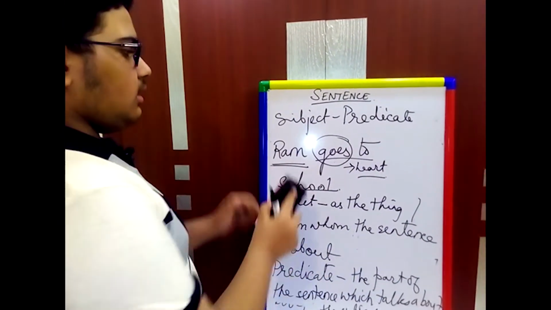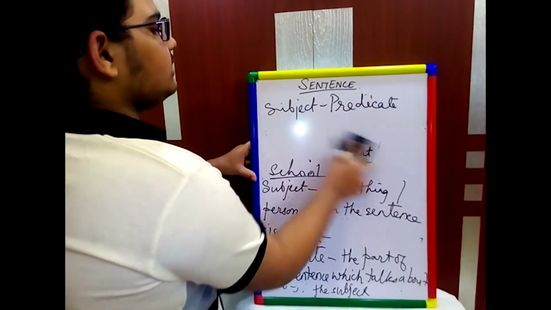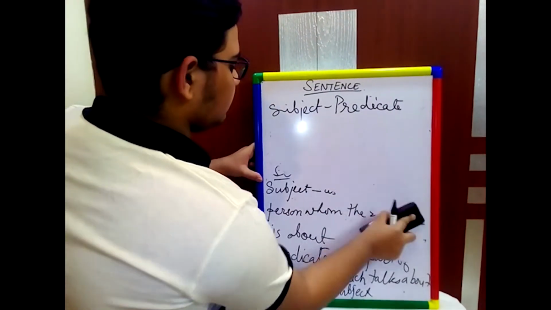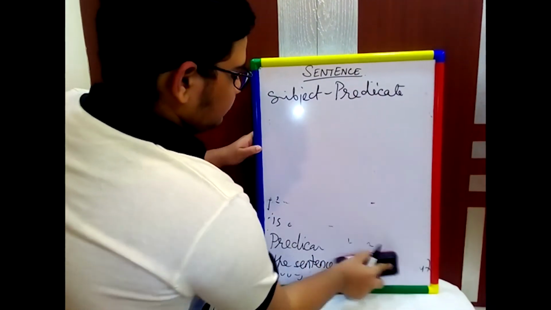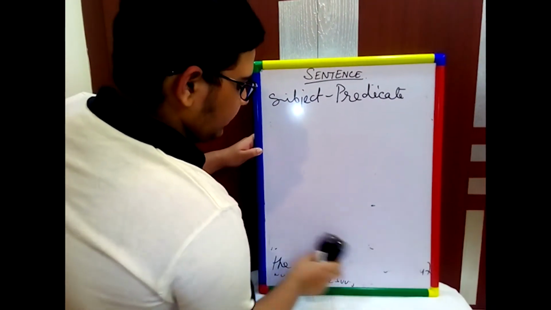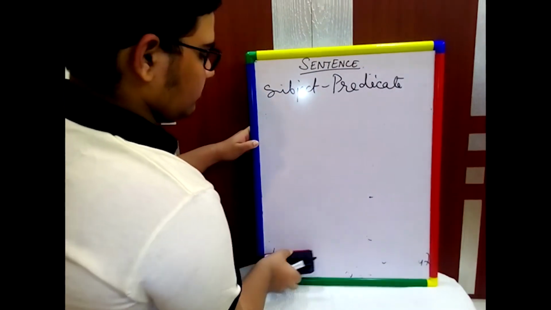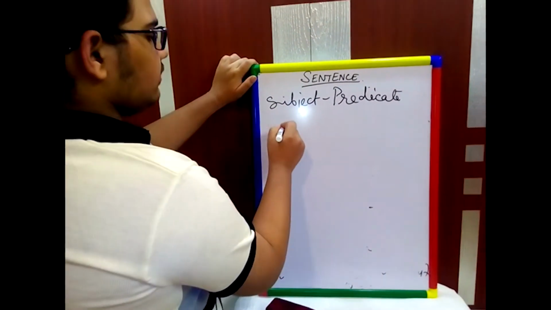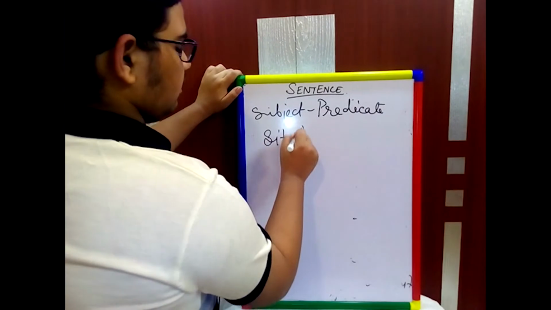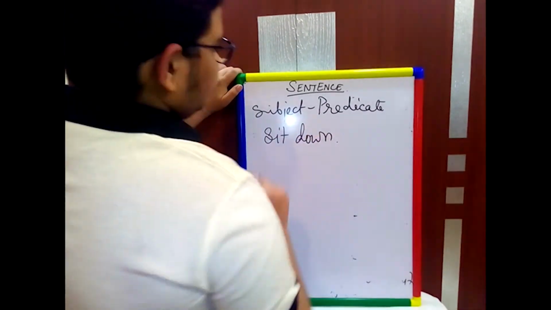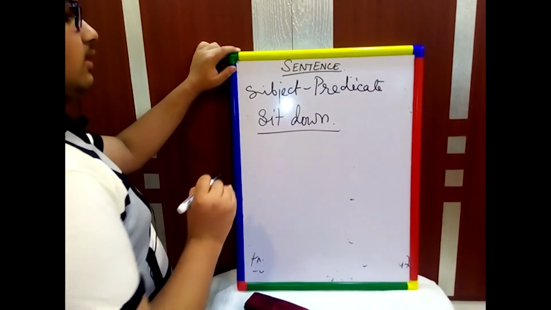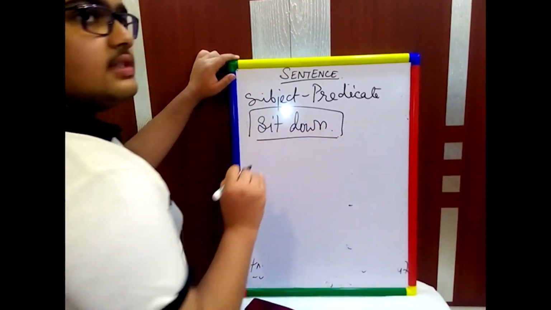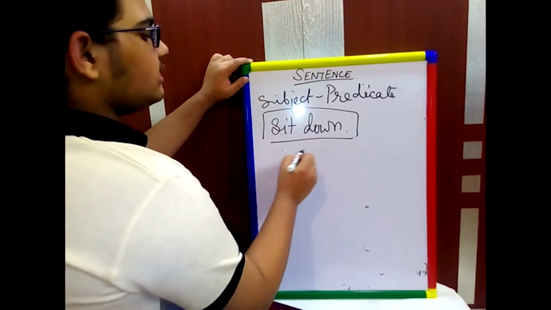Now, in the subject and predicate, we have some sentences which are quite confusing. Like when we talk about imperative sentences, we can have sit down. So when we talk about sit down, we see that the whole is a predicate.